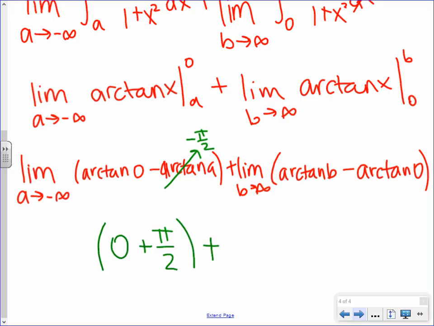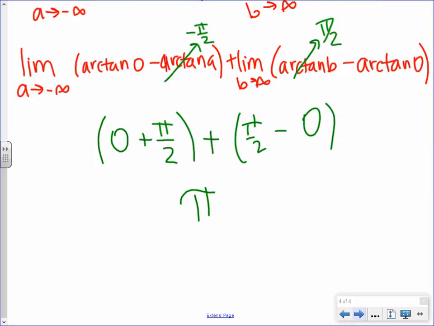Limit as b approaches infinity of arctangent of b. That goes to pi over 2. And the arctangent of 0 is 0. So the area under that curve is pi.